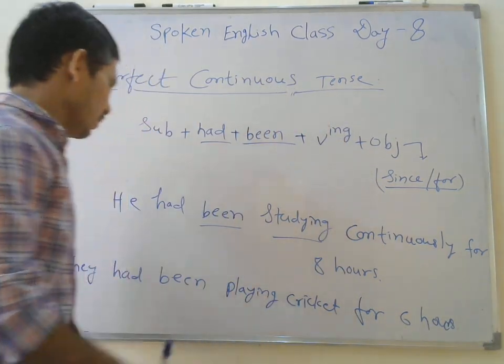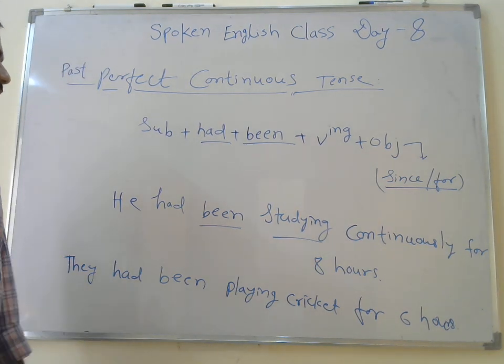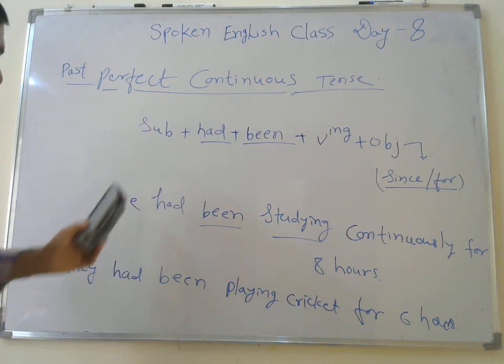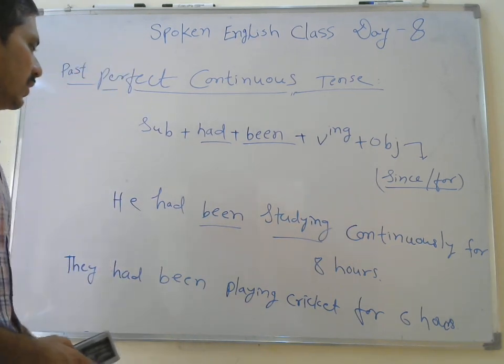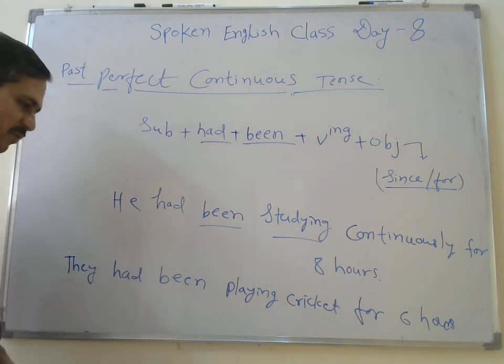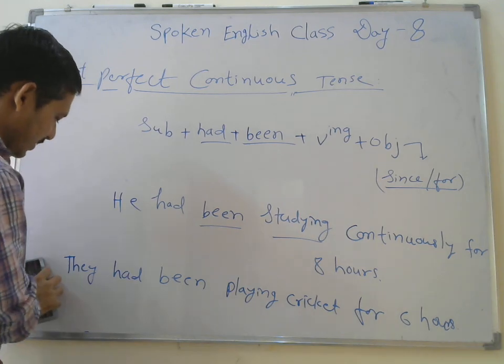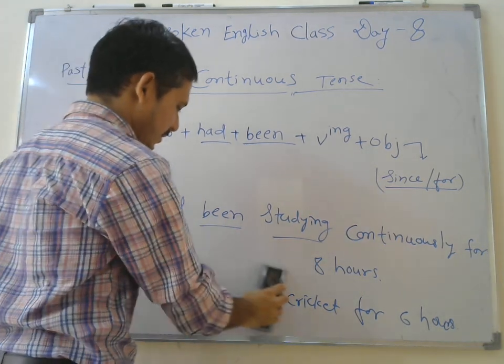Okay friends, so these are a few uses. You can use more verbs. You can use all 8 subjects and prepare sentences on your own. So you will be more of a master of these structures. Let me erase this.